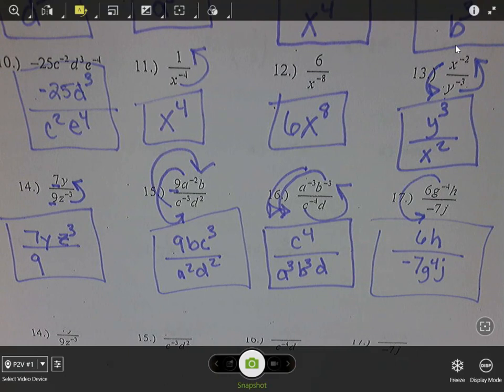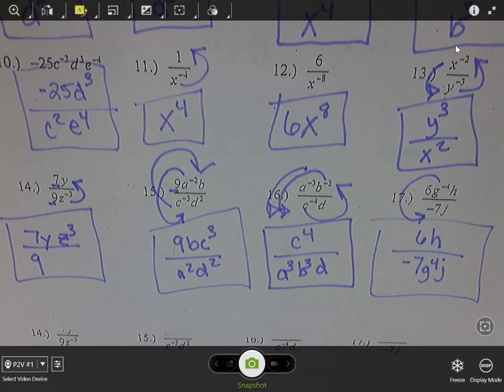So instead of putting 16, since it's a negative 4, you're going to do 1 over 16. Okay? So now tell me, what do you think you're going to do with 6 to the negative 3? Do 1 over 216. Y'all agree with that? There you go.